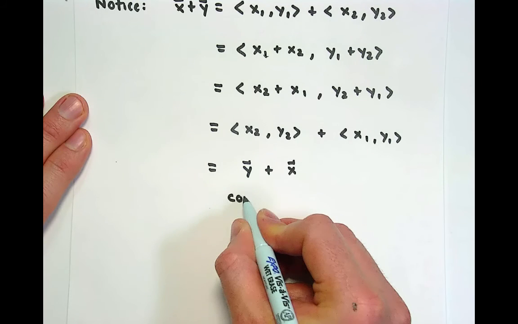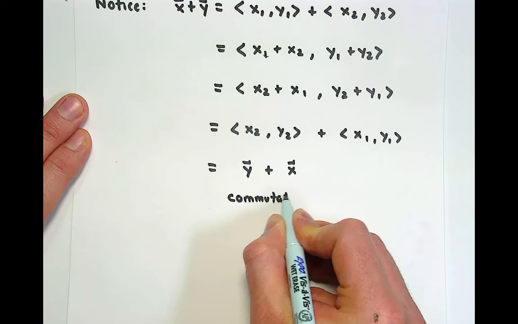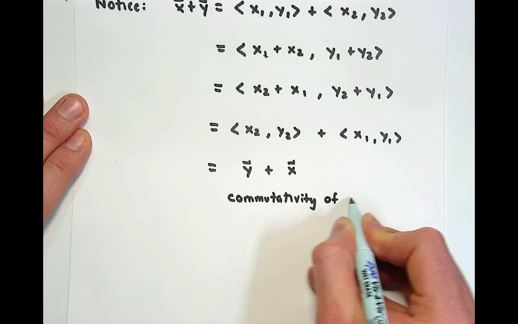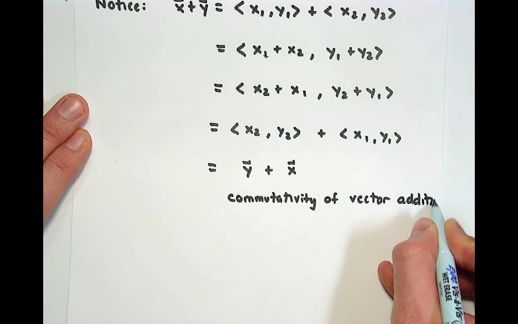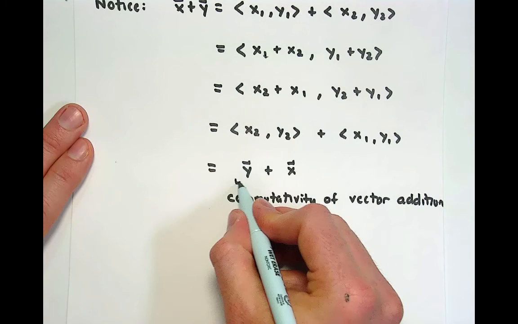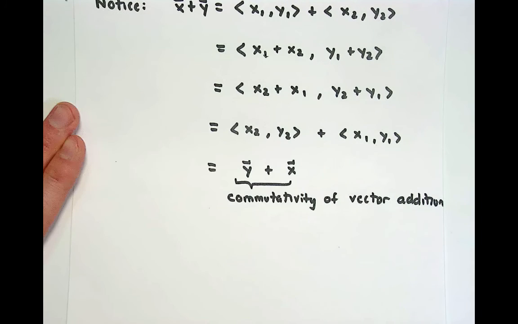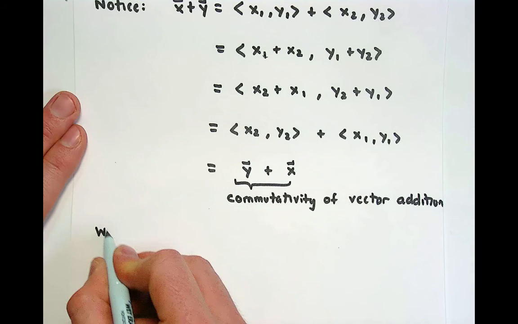This is called commutativity of vector addition, meaning that you can do it one way or the other.